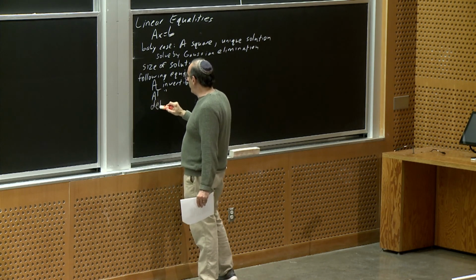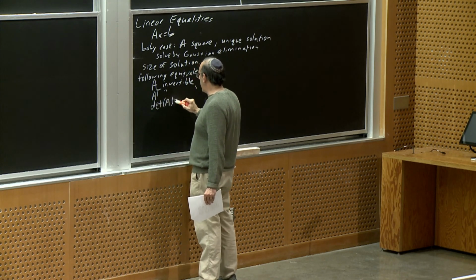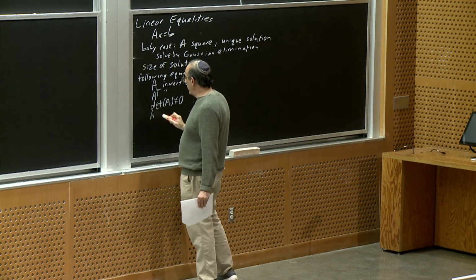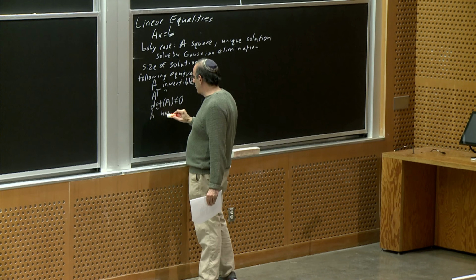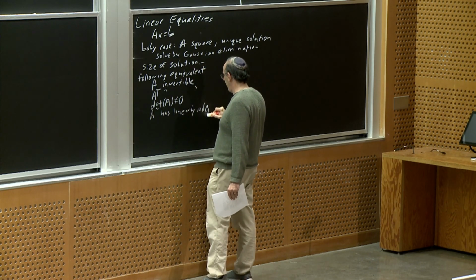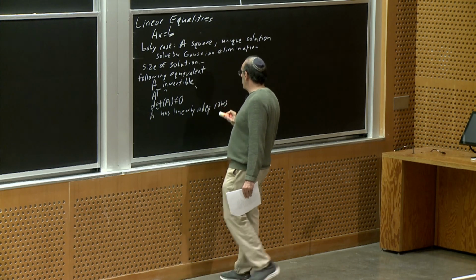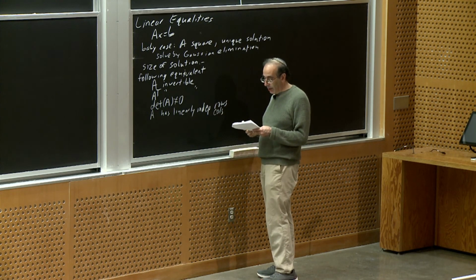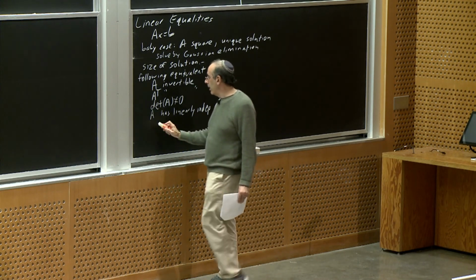This is true if and only if the determinant of A is not 0, which only happens if A has linearly independent rows. It also happens if and only if A has linearly independent columns.